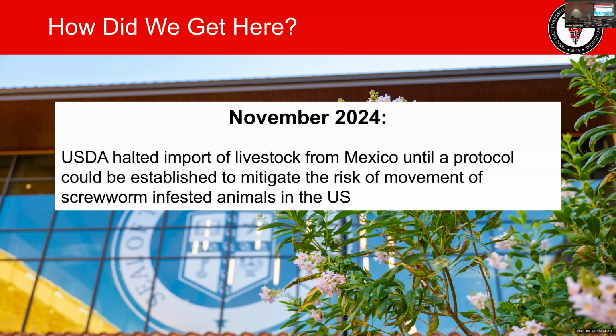And the other statements released at that time said that once they had a protocol to make sure we could safely move cattle across the border again, then that could be reestablished. So from November until about late February, it took that long to develop that protocol and get everybody on board and approved from every side.